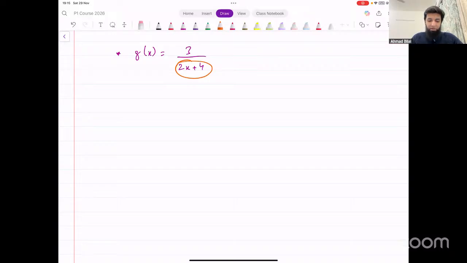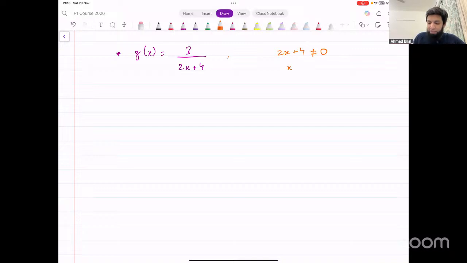That's undefined. So any value in general for x would work in this case, but there's one exception, and that exception is that the denominator cannot be equal to 0, right? Because that will make the function undefined. Now, if 2x plus 4 is not equal to 0, what value of x do you get from that? You can take negative 4 to the other side, that becomes negative 4 divided by 2.